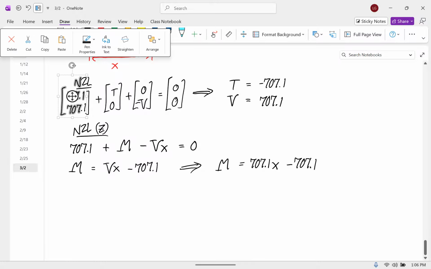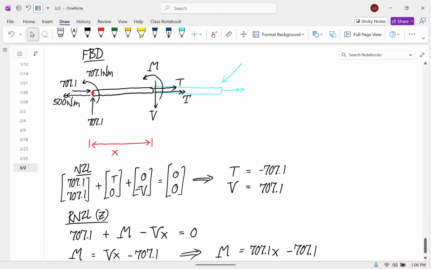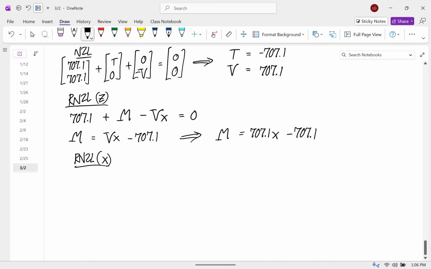And then rotational Newton's second law about the x-axis. We have the 500 Newton meters in the negative x direction, and the internal torque in the positive x direction.